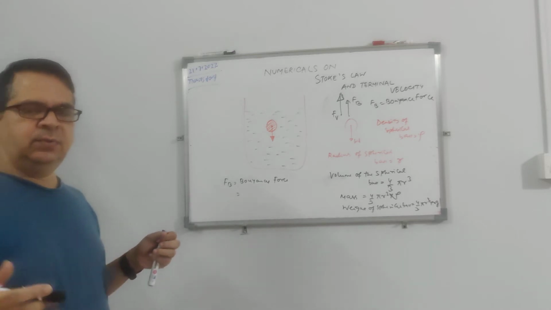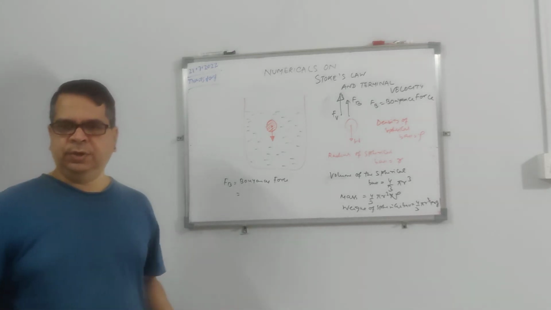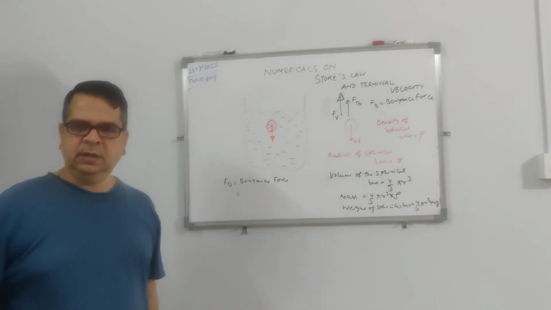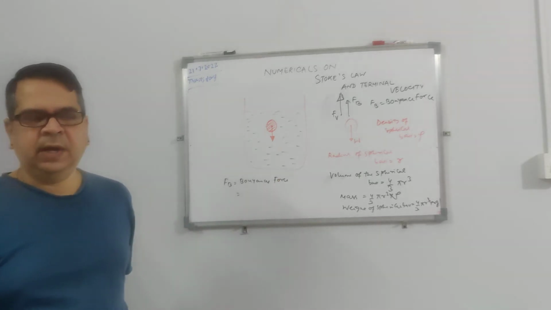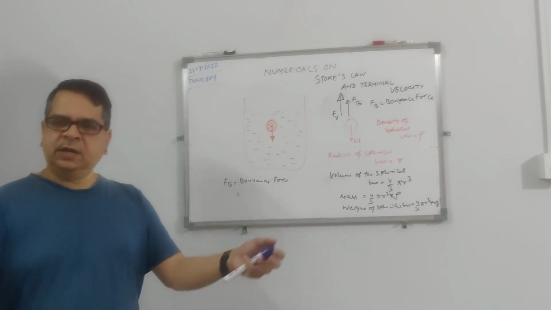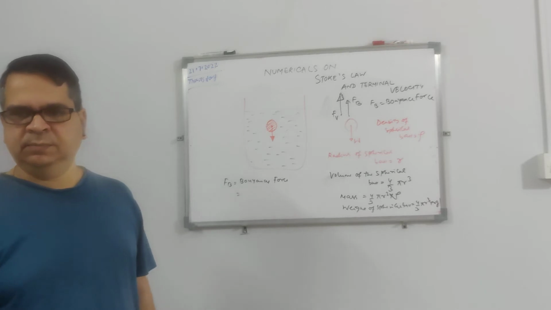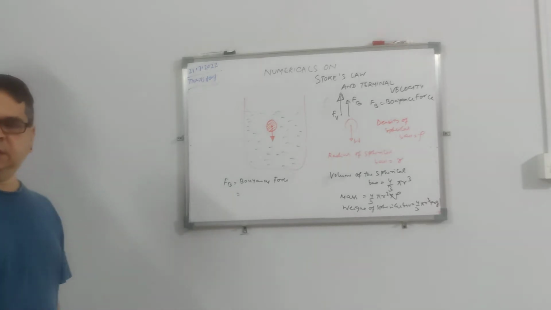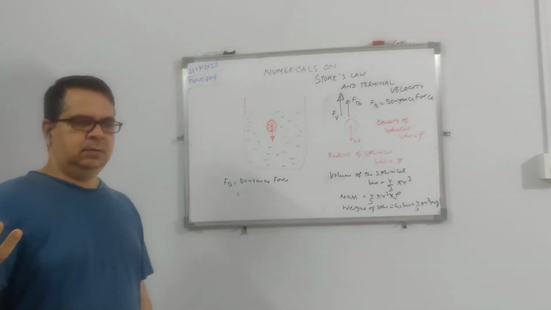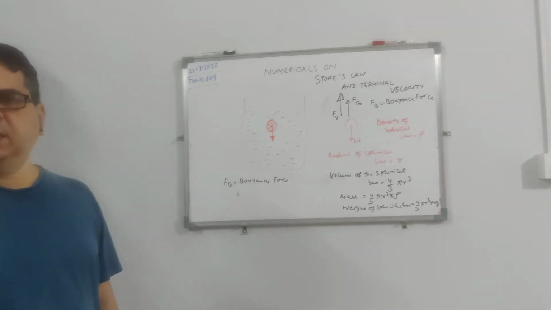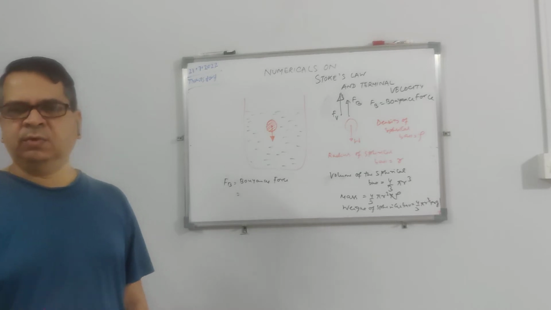That's why, suppose a big ship is floating in the sea. Why? Because the weight of liquid displaced by the ship is more than the weight of the ship. That's why it is floating. Whereas a stone block or iron block, the weight of liquid displaced by the body is less than the weight of the body.